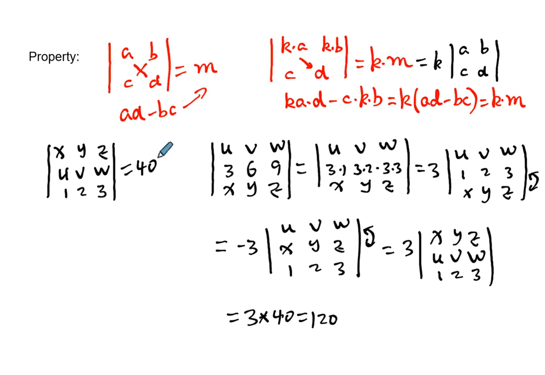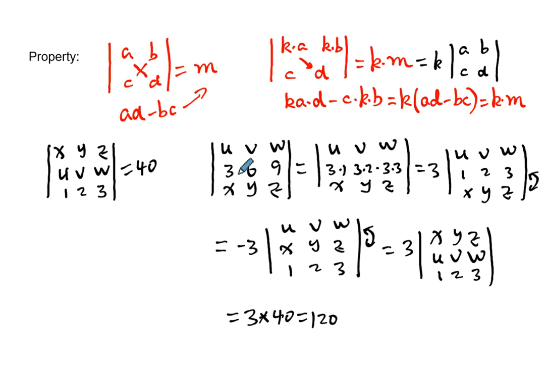Now here we are given that the determinant of this one is 40: first row X, Y, Z, second row U, V, W, third row 1, 2, 3. So we want to calculate this one.